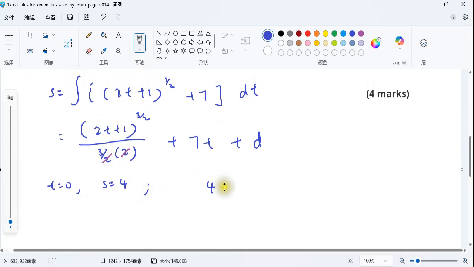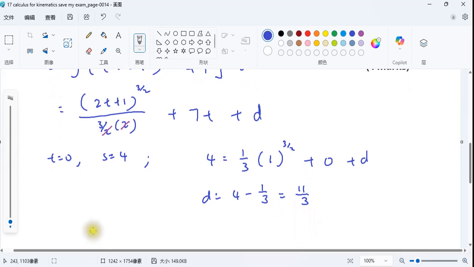So we have 4 equal to 1/3 1 to the power 3 over 2 plus 0 plus d. So d will be 4 minus 1 over 3 is 11 over 3. So s will be 1/3 2t plus 1 to the power of 3 over 2 plus 7t plus 11 over 3. Okay, that's all for the hard question.